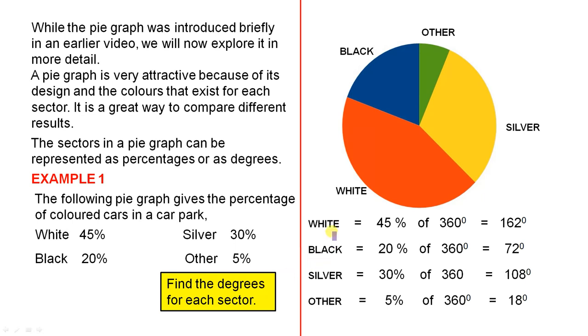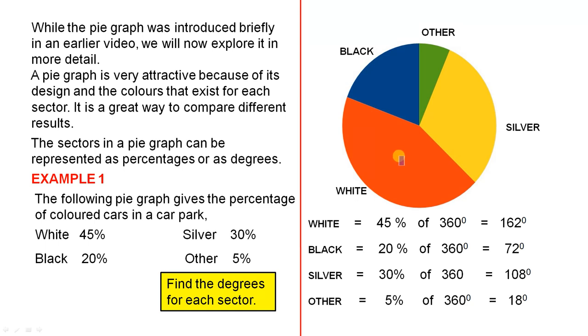So for the white sector, 45% of the cars are white, so 45% of 360, because the total circle, when we do one revolution, represents 360 degrees.